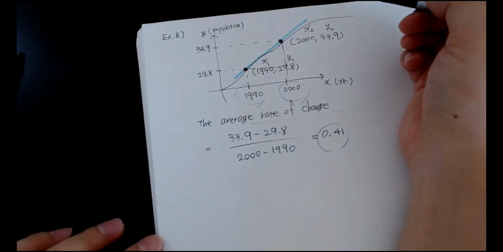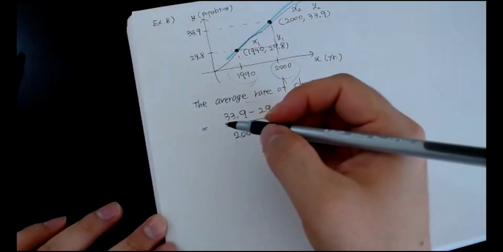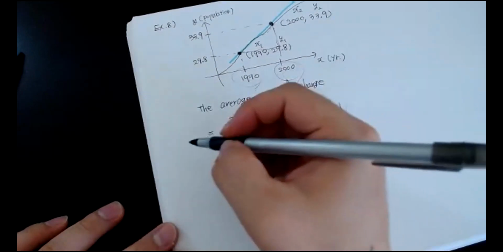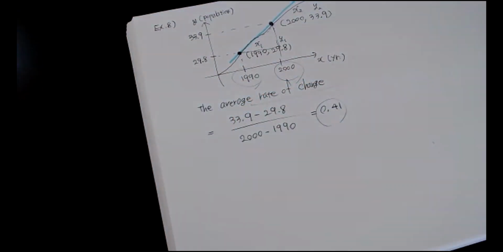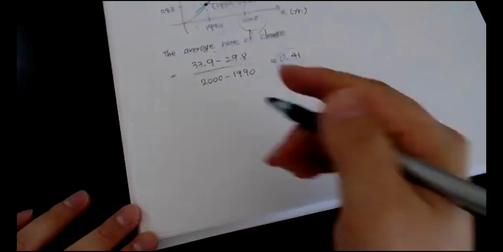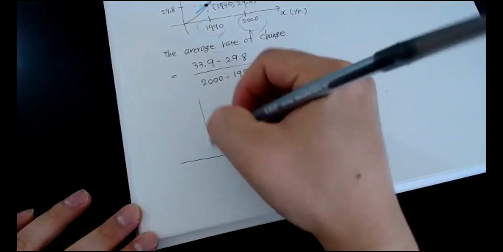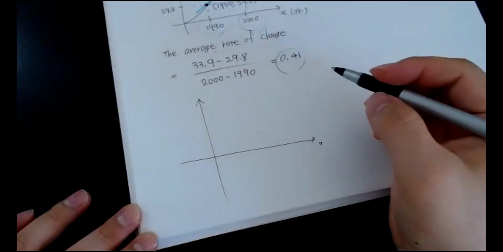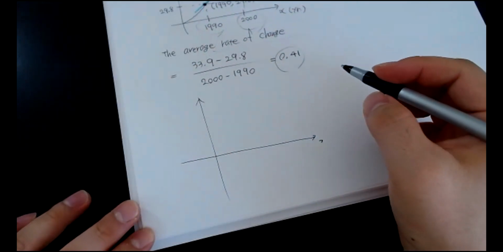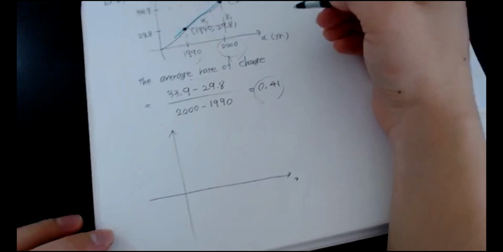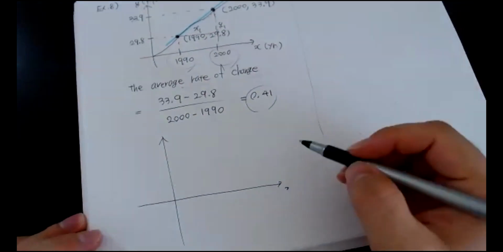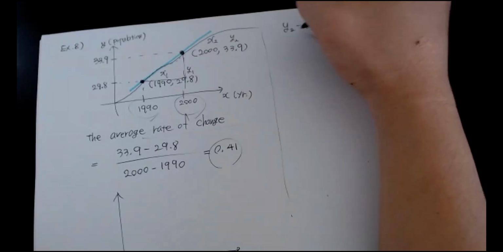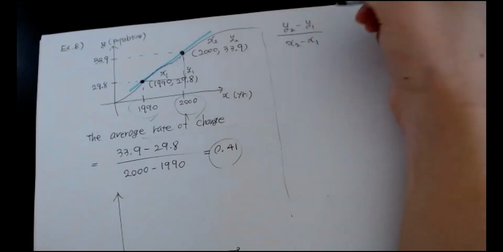So to generalize the average rate of change: y2 minus y1 over x2 minus x1 right here.